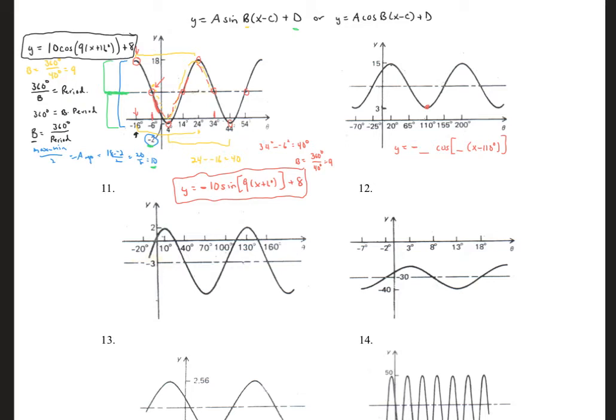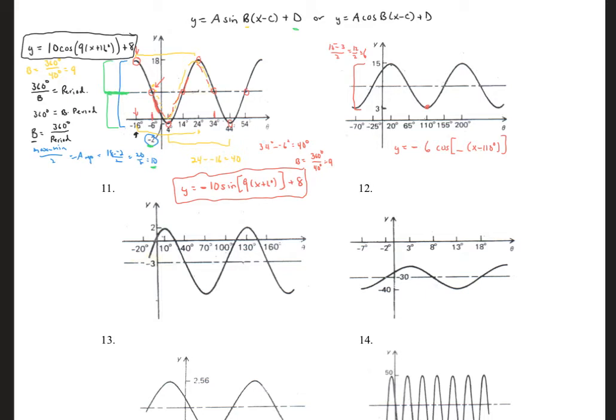So again, this number, this A, is going to be our amplitude. So we're going to take our maximum minus the minimum divided by 2, and that is going to be a 6. So we are going to get in this spot here a negative 6, negative because it's a reflected cosine, 6 because that's the amplitude.